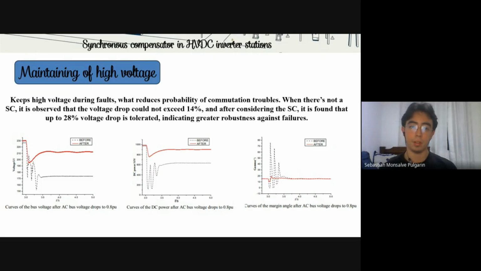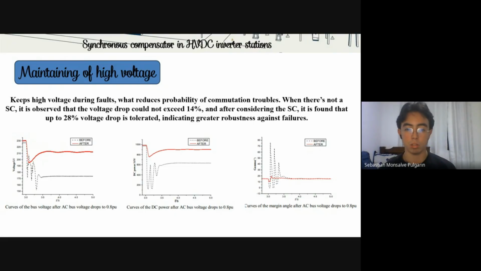The second effect is the voltage support during faults. One of the main benefits of the synchronous condenser is its ability to sustain the voltage during an AC fault, which helps prevent commutation failures in the HVDC inverters. In the article, the system could only tolerate a 40% voltage drop before the condenser was installed, but after adding it, the system can handle drops of up to 28%.